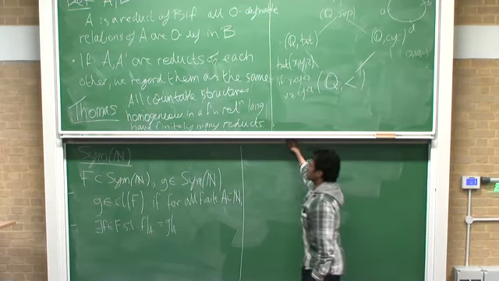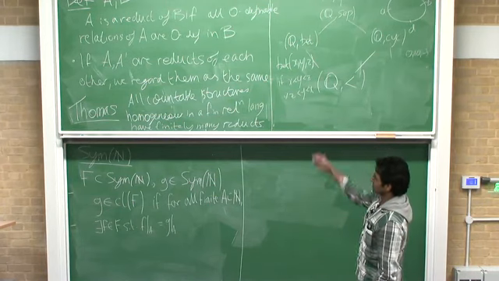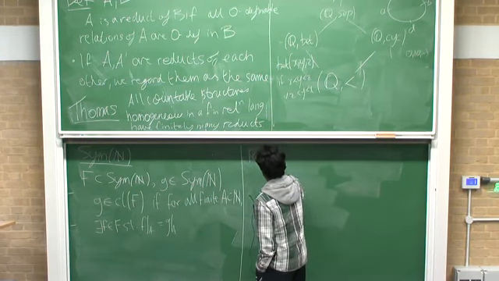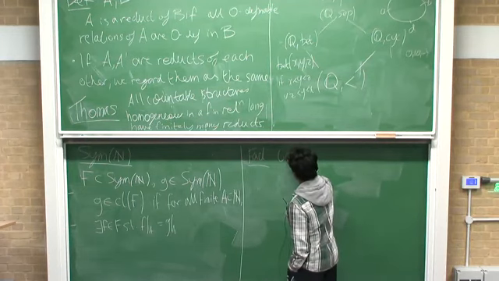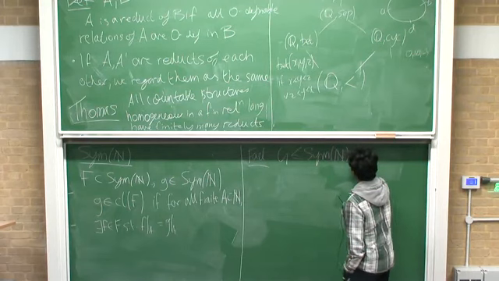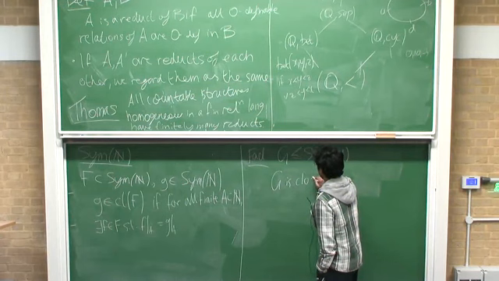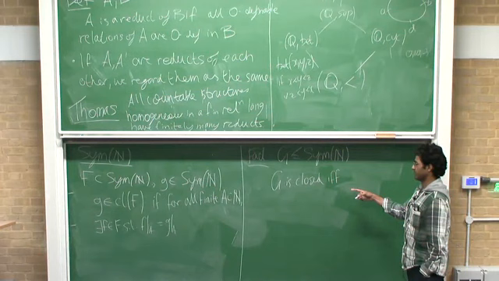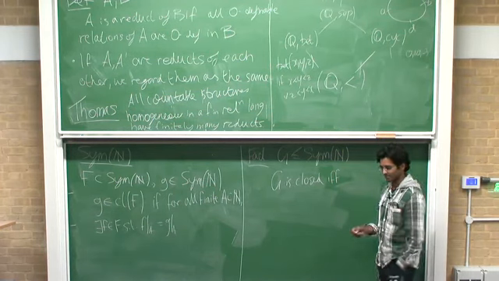So now, what is the relationship between closed subgroups of Sym(n) and this notion of reducts? Well, we have this very important fact. If you take any subgroup G of the symmetric group, then G is closed if and only if you can find a structure such that G is its automorphism group.